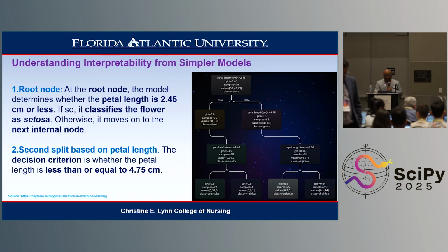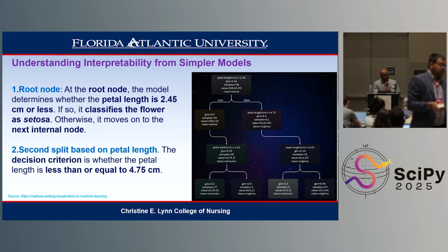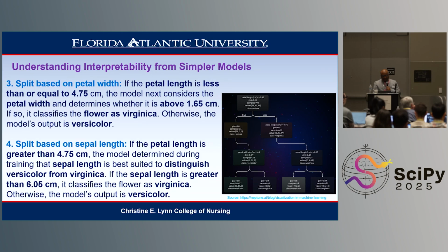So you see the root. It is a root node. The model determines whether the petal length is 2.45 or less. If so, the flower is classified as setosa. Otherwise, it moves to the next internal node. The second split is based on the petal length, where the decision criterion is whether the petal length is less than or equal to 4.75. Then it splits again based on the petal width.